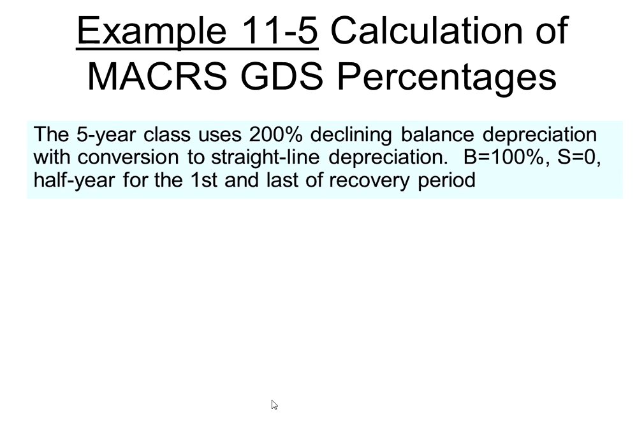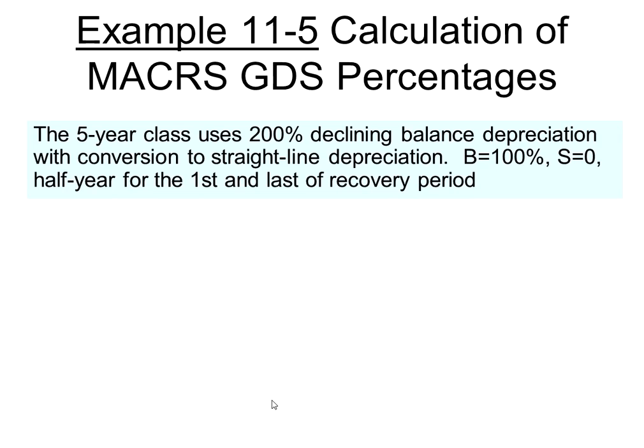So here's example 11.5, and it shows us how to calculate the MACRS-GDS percentages. So let's assume that we have a 5-year class. The 5-year class, as you know, uses double declining balance or 200% declining balance depreciation with conversion to straight line depreciation.